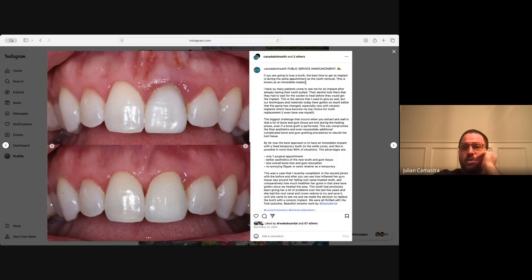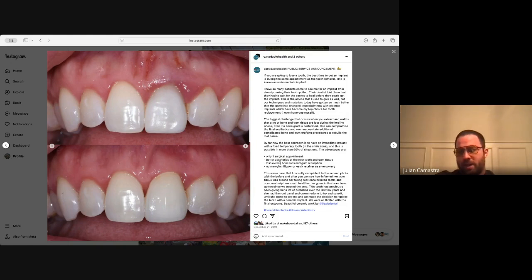So if you're going to lose a tooth, the best time to get an implant is during the same appointment as the tooth removal. You can see here, she didn't lose any bone. So the bone is all the same here and here. When a tooth is extracted and nothing is put back, you get this big bone defect when nothing is put in its place.